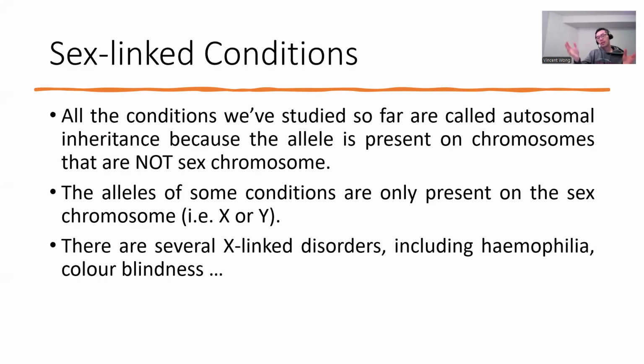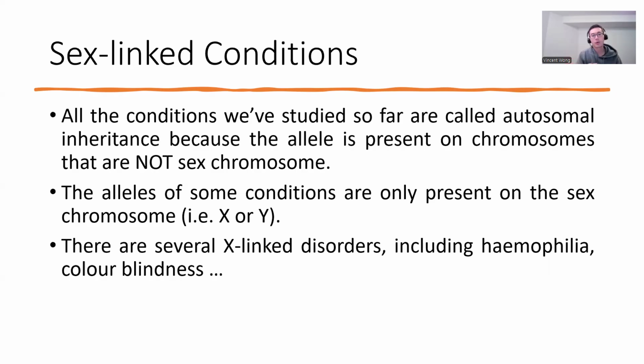Most of the things we talked about so far are transmitted through the autosomes, chromosomes 1 to 22. But some traits are found on the sex chromosome, either X or Y, and we call these sex-linked conditions.